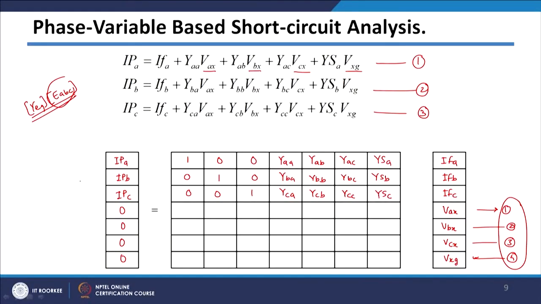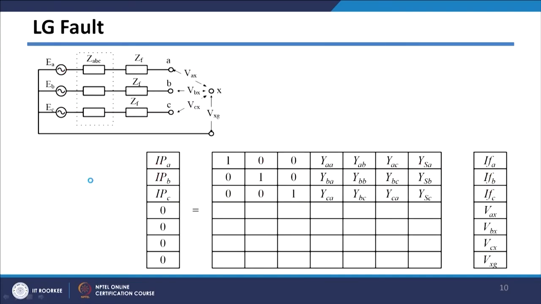This system of matrix I am taking on the next slide. So we have got this circuit matrix here, and if you are considering an LG fault, let us say your A phase is faulted. So in this case, since it is with ground, your A phase will be grounded.